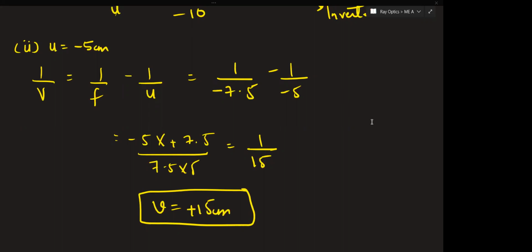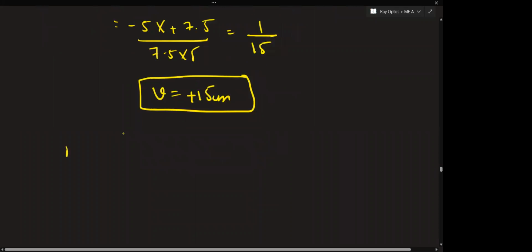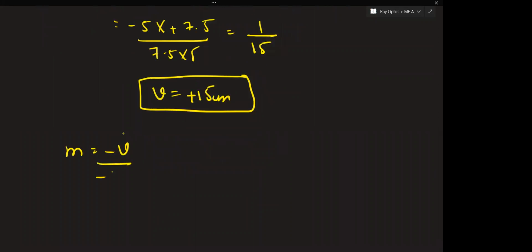Now, if you take the magnification, it will be minus v by u. So minus v means -15, and u is already negative, that is -5. The object distance is 5 now.